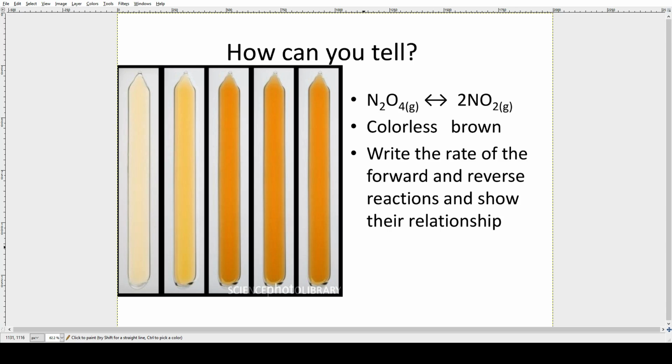So, for example, let's assume that we're back in the last chapter. We're talking about kinetics, and we're going to assume that this is our elementary reaction. It doesn't proceed in steps.